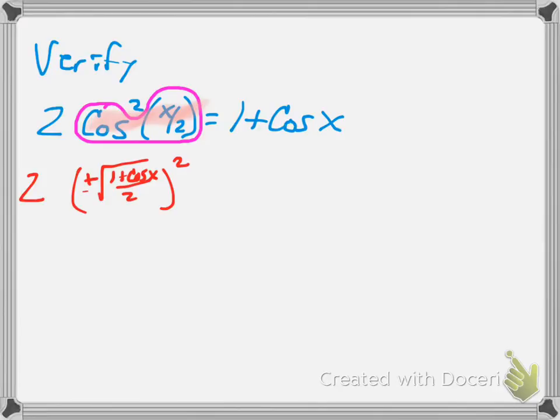Now, is that helping me get closer to the other side? Yes, because I can see that the root and the square are going to end up canceling. So I'm not afraid of putting a square root into the problem because I know it's going to go away. So I see that. I change it.